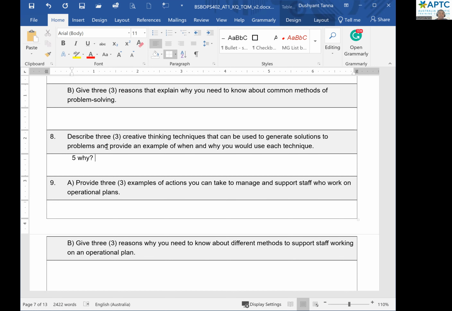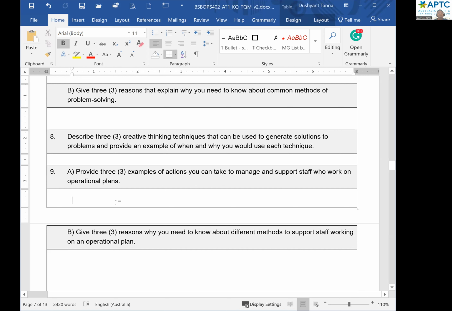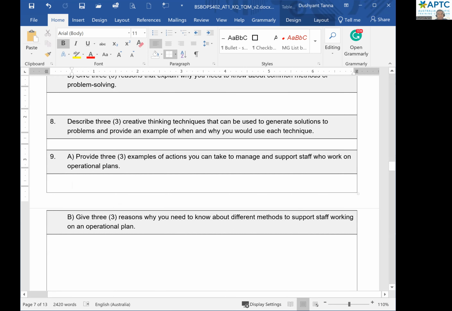9A. Provide 3 examples of actions you can take to manage and support staff who work on an operation plan. How can you support an employee, a staff member?